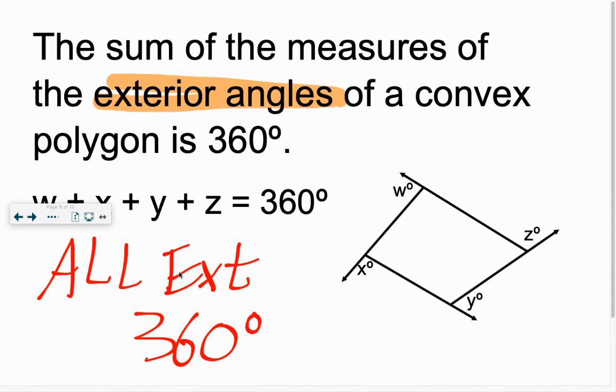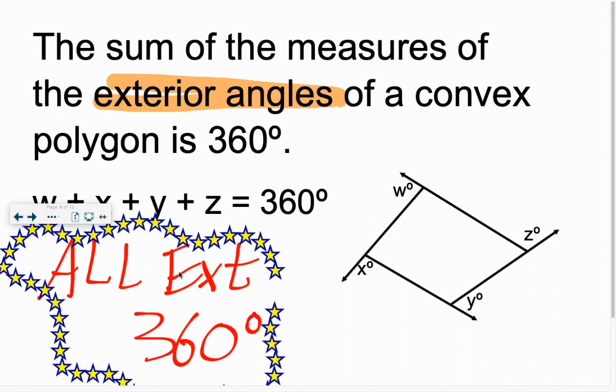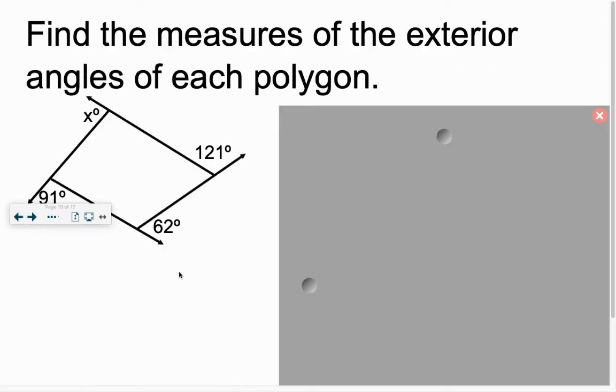All of them, all exteriors will always be 360 degrees. Notice though it must be in a convex polygon. So if it's concave, we can't do this. But you see we got W, X, Y, and Z, just 4 random angles. They're going to add up to 360 degrees. Awesome. So let's take a look at that.